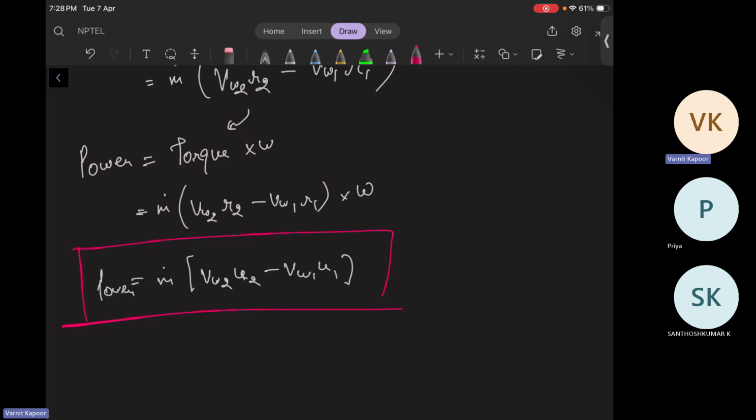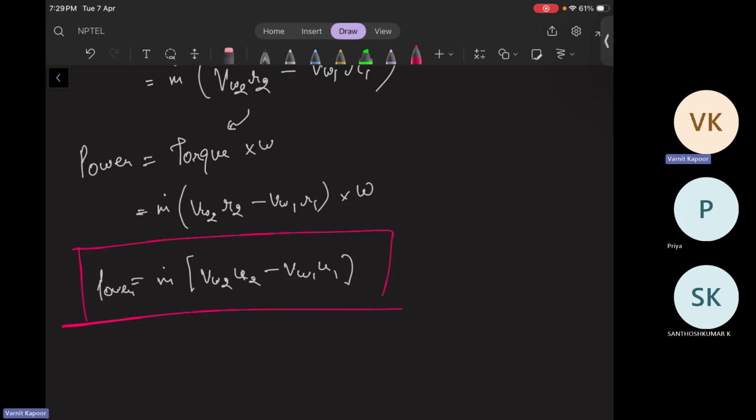So when you are dealing with the compressor, the power input is the change of VW2 U2 minus VW1 U1, the Euler work. And when you are dealing with the turbine, the sign will be changing. The energy in the compressor at the outlet, your system is your working fluid, that is your water, or gas if you are compressing gas.